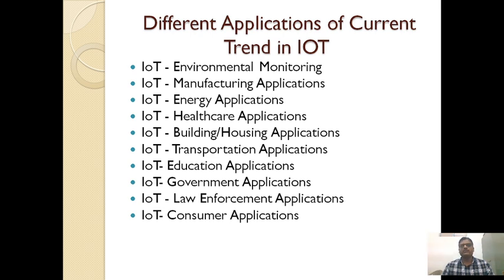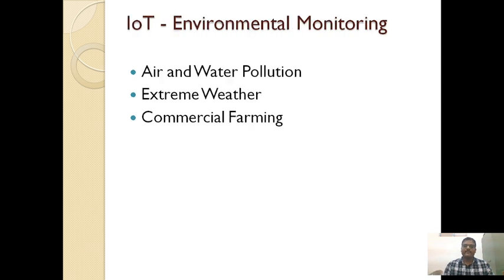The applications of IoT environment monitoring are broad: environmental protection, extreme weather monitoring, water safety and special protections, commercial farming, and more. In these applications, sensors detect and measure every type of environmental change.